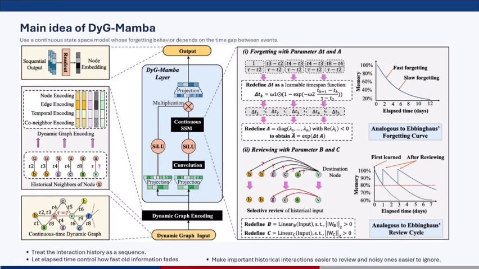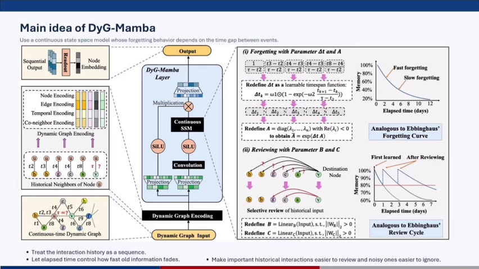So to overcome the limitations of existing solutions, the authors of DyG-Mamba proposed a new method based on continuous state space modeling, which is based on the selective state space model, or S6, also known as the Mamba architecture. So they are using a continuous state space model whose forgetting behavior depends on the time gap between the events.